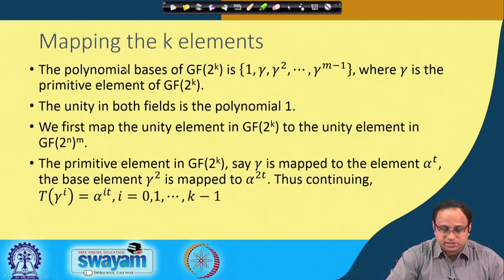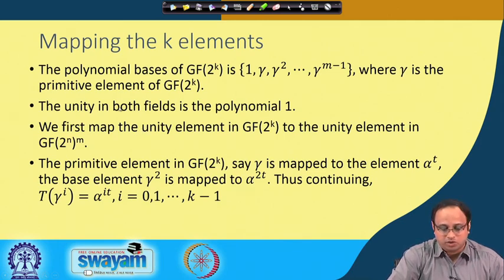What I do here is that I look at my polynomial basis for GF2 to the power of k, which is denoted as 1, gamma, gamma square, till gamma to the power of m minus 1, where gamma is a primitive element of GF2 power of k. The first thing I do is map the unity of both the fields.